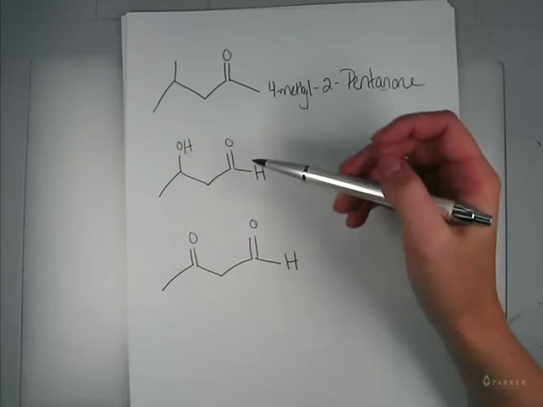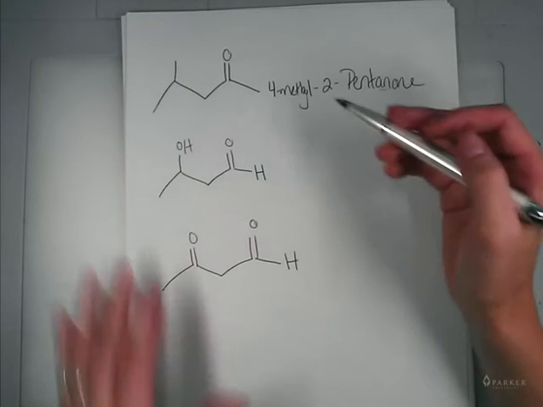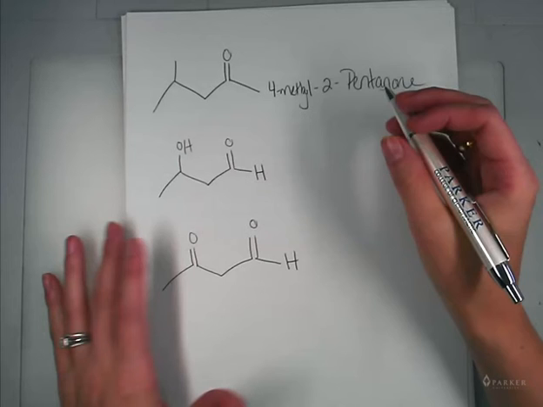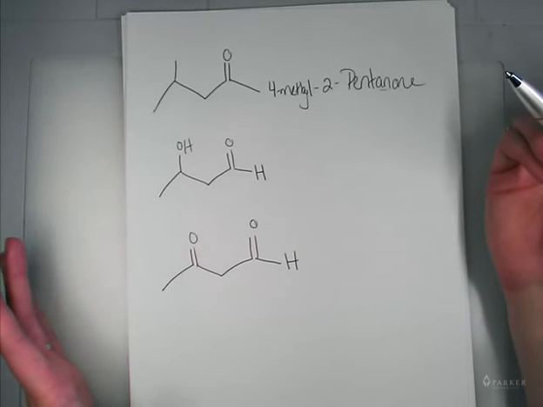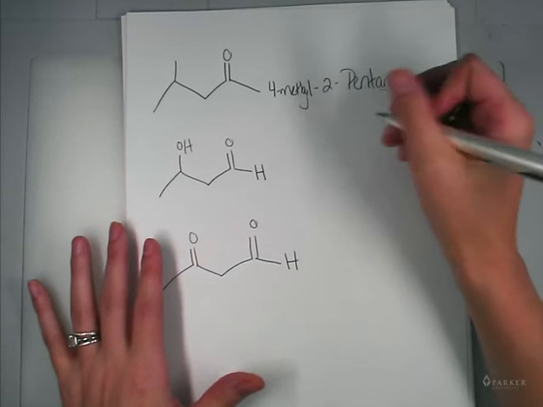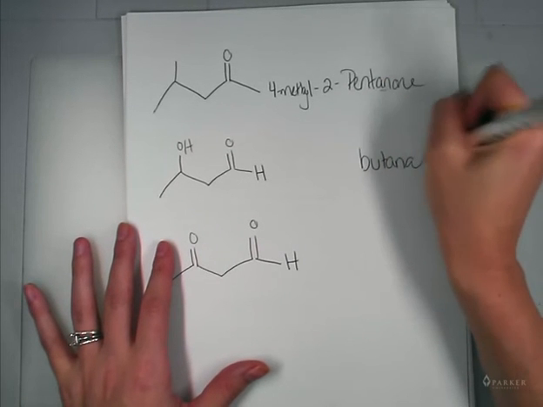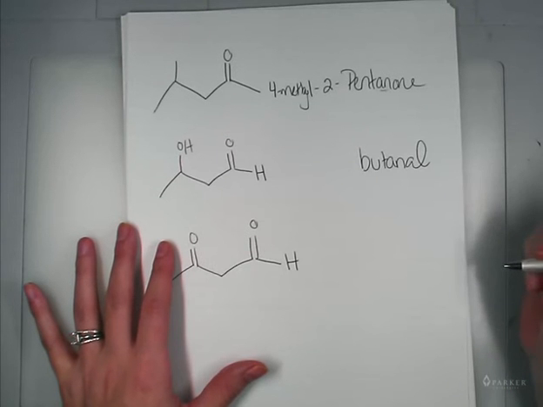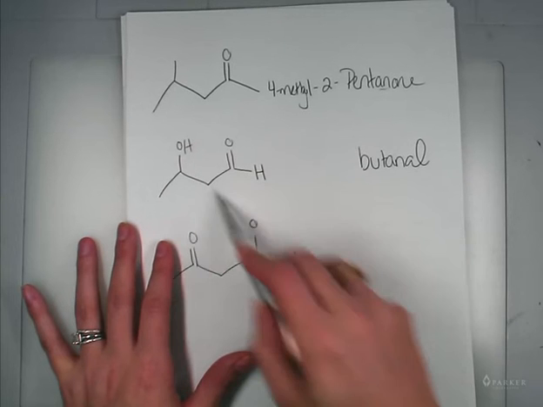What sort of carbonyl is this last one here? Aldehyde. How does that end? -al. How many carbons do we have? 4, so that is butanal. Remember, we don't have to put the number on aldehydes because they always are at the end.